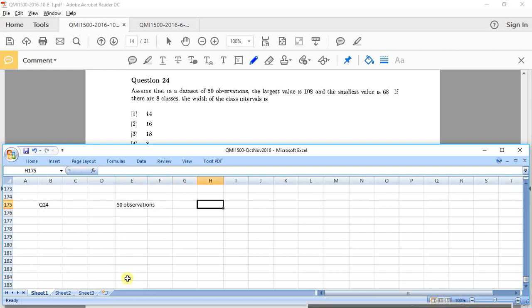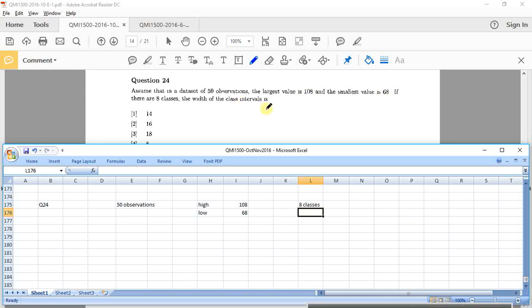Okay, largest value, so the highest and the low. Okay, the high was 108, the low was 68. Okay, if there are 8 classes, okay, so 8 classes. Okay, so we're looking at observations, and I'm assuming this 108 and 68 is the time.